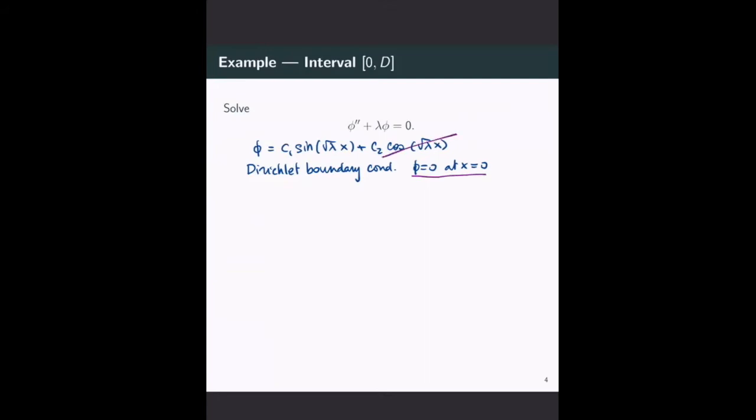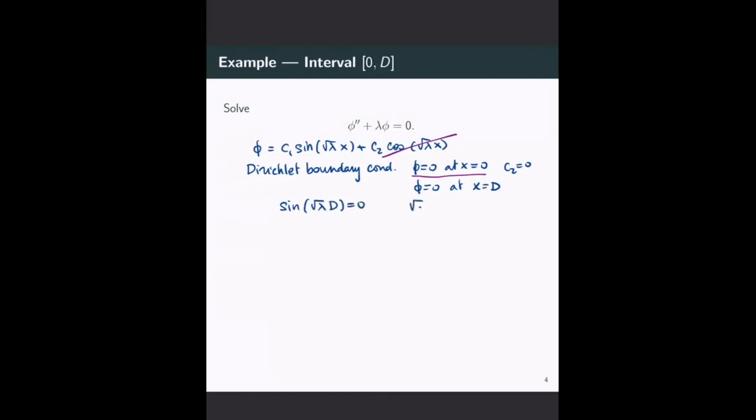This means C2 is 0. The second boundary condition is phi is 0 at x equals d. That means sine of square root of lambda times d is 0.